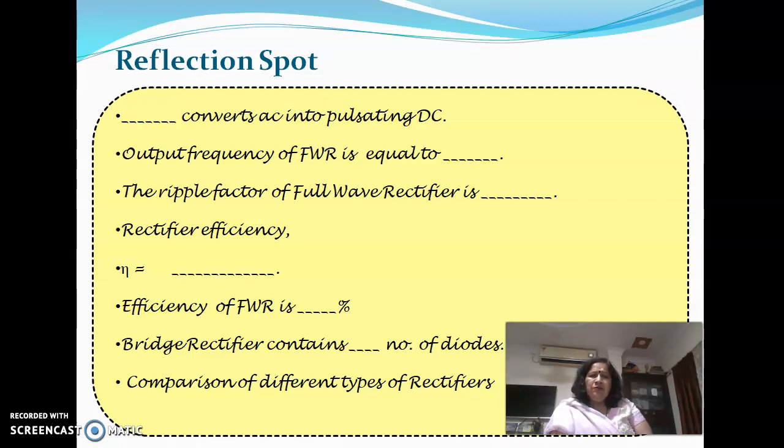I would like you to think for a while and try to find the points of distinction for a half wave rectifier and a full wave rectifier. In full wave, you need to consider center tap as well as bridge rectifier. Apart from these questions, pause for a minute and try to write the points of distinction for the center tap, bridge rectifier and half wave rectifier.